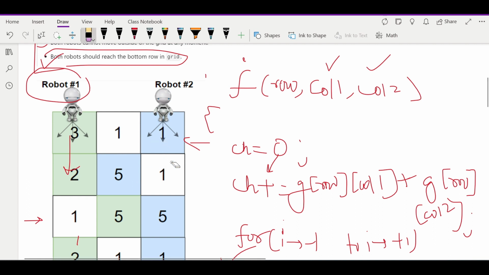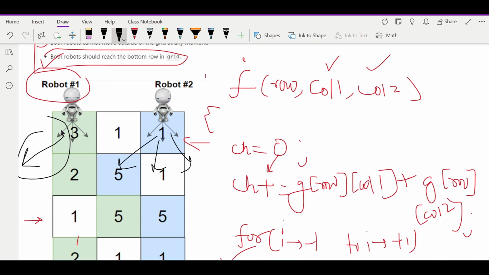So there would be 6 possible cases, right. What would be the 6 possible cases? Let's say this robot goes this way. Keeping this constant, robot 2 can move in 3 possible ways. Similarly, if robot 1 doesn't move like this and goes like this, then also we have 3 possible movements for robot 2, which are not dependent on the movement of robot 1.